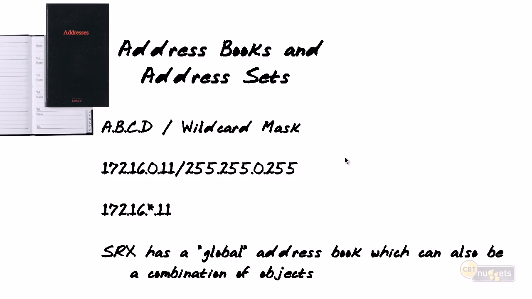With a set, you can then organize your addresses into logical groups. And then if you think about it, it's kind of like doing summarization at different aggregate levels of your network hierarchy, right? Maybe you're using variable length subnet masking. So we can use these address sets to organize our addresses into logical groups, geographic groups, departmental groups, and it allows us to configure these other features like security policies and NAT translation rules.